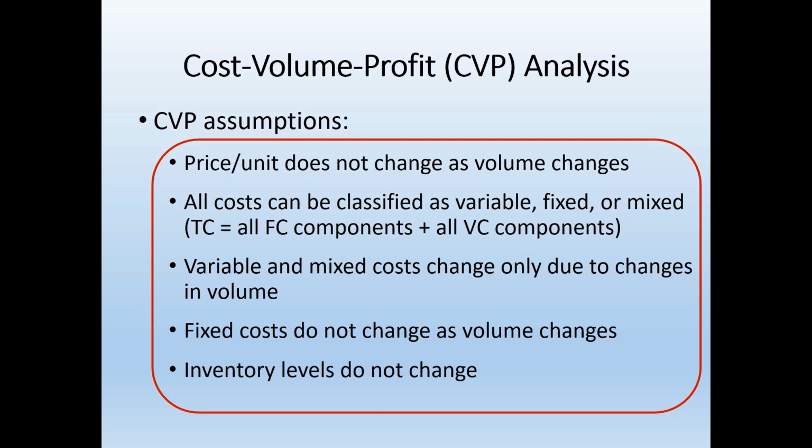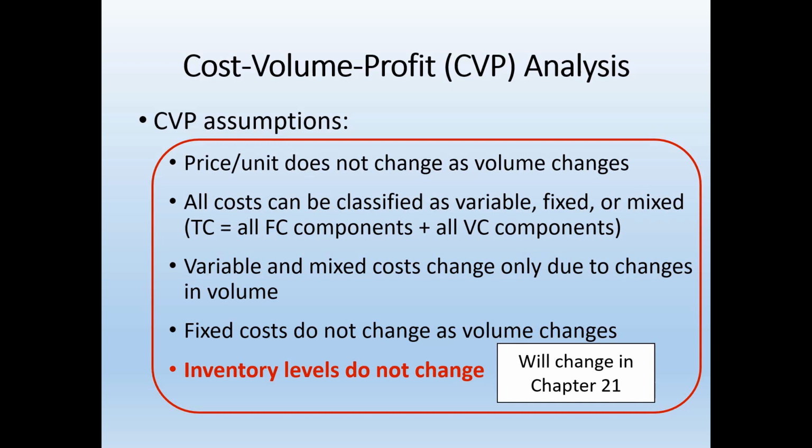And finally, we assume that our inventory level is not going to change. In other words, we make exactly the number of units that we expect to sell. In Chapter 21, we will relax that assumption and see how changes in inventory affect our understanding of firm operations.